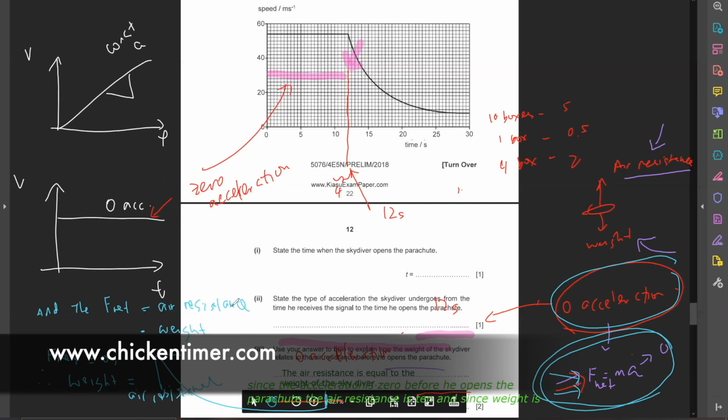Right? Yeah, air resistance is not 10. Where did the 10 come from? You mean the acceleration is 10?